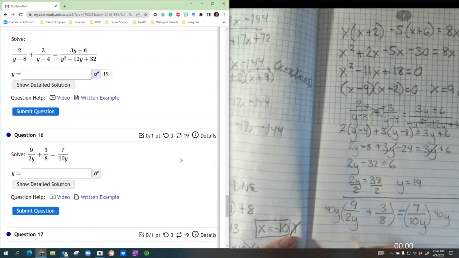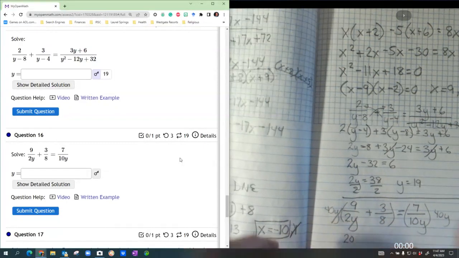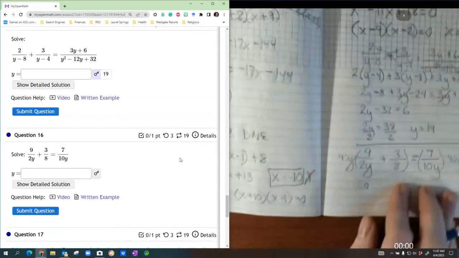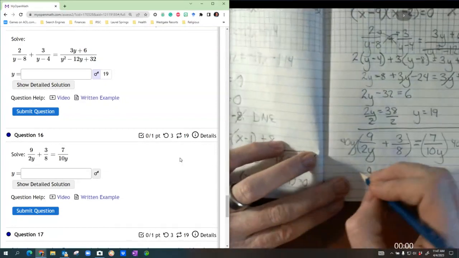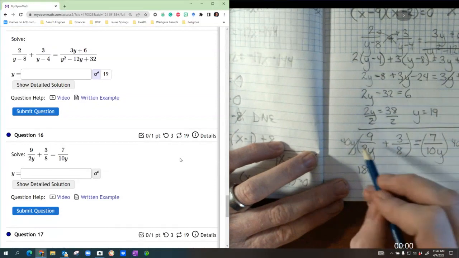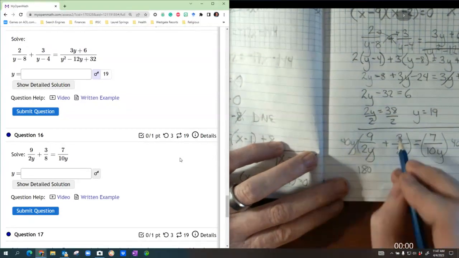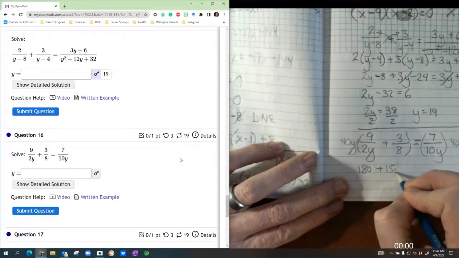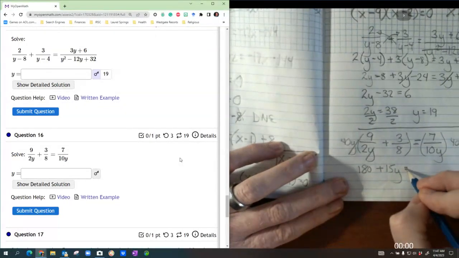So now 2 goes into 40 20 times. And then the y's will cancel. And then I have 20 times 9. I got to make sure I remember that. So I'm going to put 180. Then 8 goes into 40 5 times. 5 times 3 is 15y.